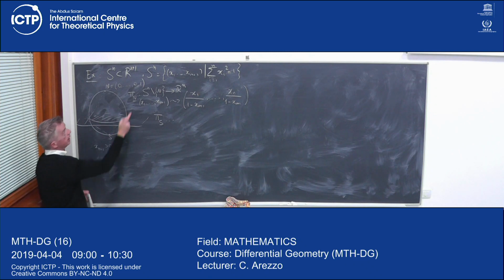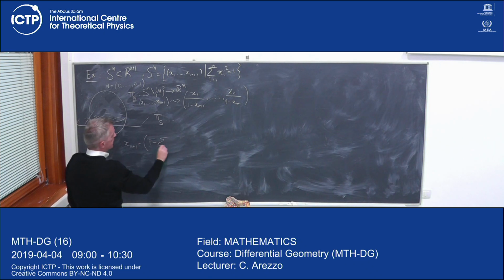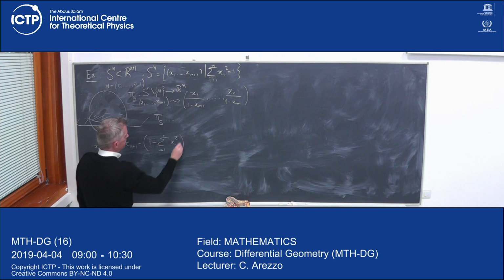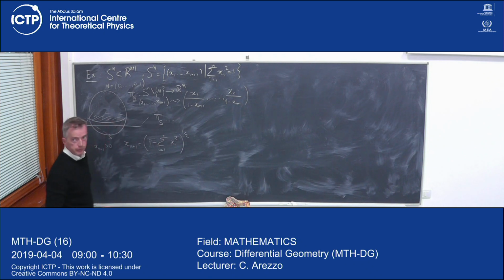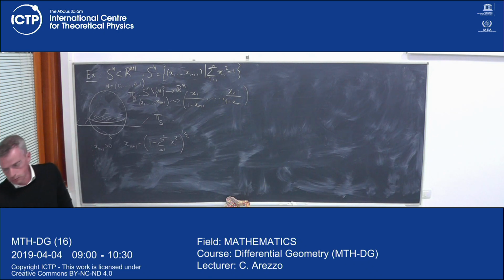I take the equation, and then x_{n+1} becomes (1 minus the sum of x_i squared, with i going from 1 to n) to the power 1/2. This is restricted to the disk where this is positive. Then I take the lower part and so on. Now of course in dimension n you get what? 2 plus.